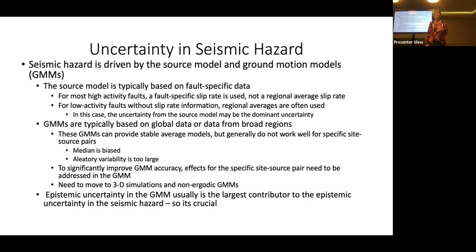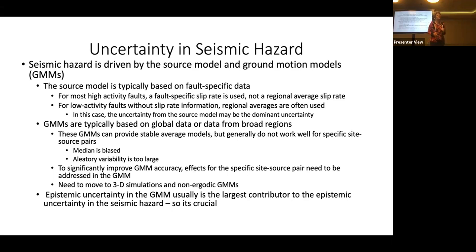If we're looking at areas near active faults, the source model is something that we typically already have some information on. We have fault-specific data, such as slip rates and so on. So we know something about the source, enough to have a handle on its gross properties for specific sources. But ground motion models, on the other hand, are typically based on global models over wide distributed regions.